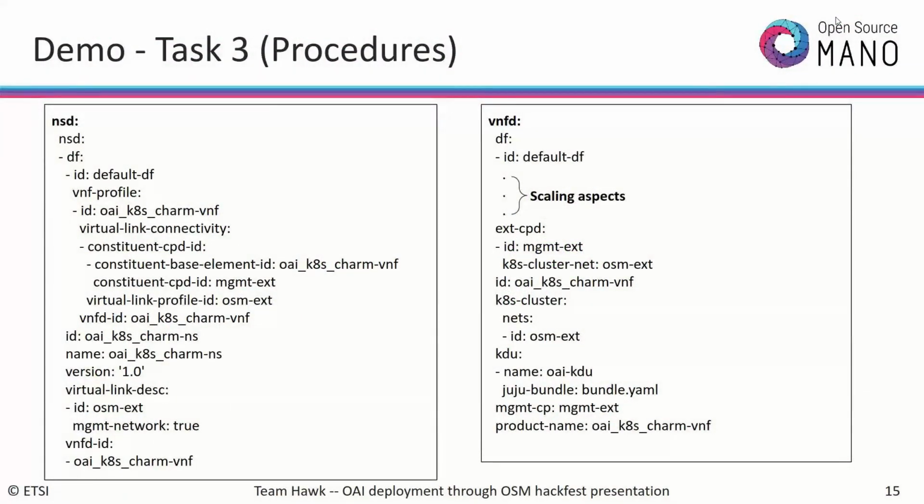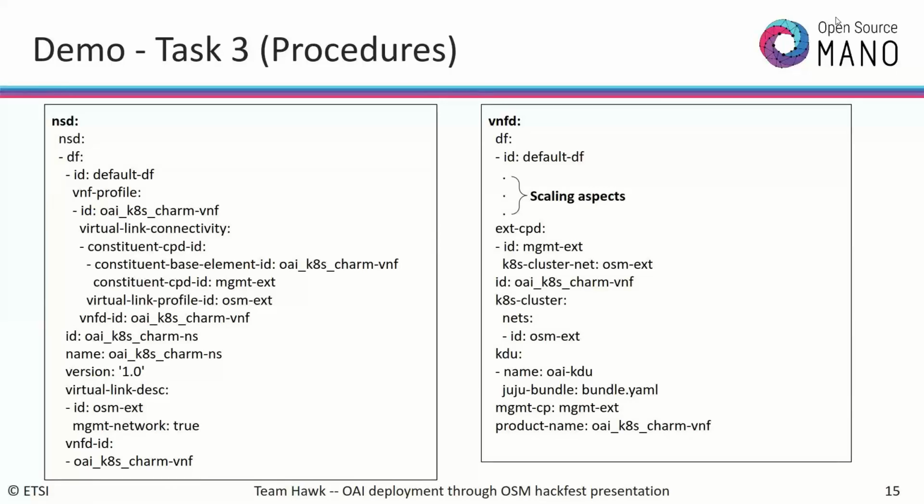Okay, you can hear me? Yeah. Okay. Well, in order to do this task, we first have to make the descriptors, both for the network service and the VNF. On your left, you can see the network service descriptor.